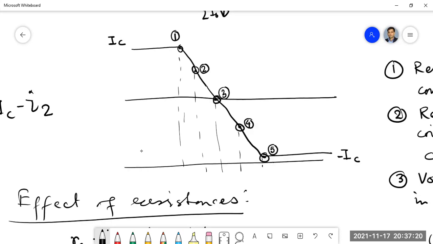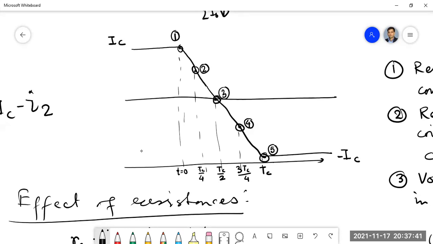If this is the time axis, this will be t equals 0. This will be TC by 4, this is TC by 2, this is 3 TC by 4, and this is TC.